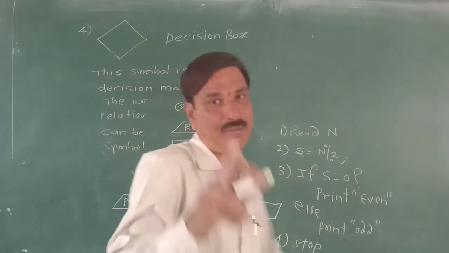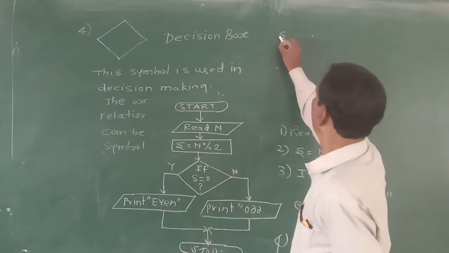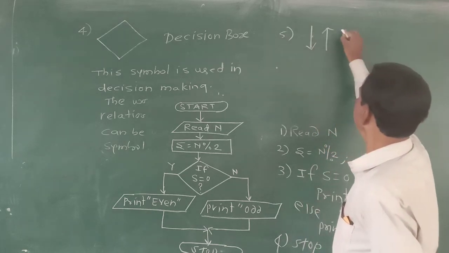So this is the decision box symbol. These are the flow lines.